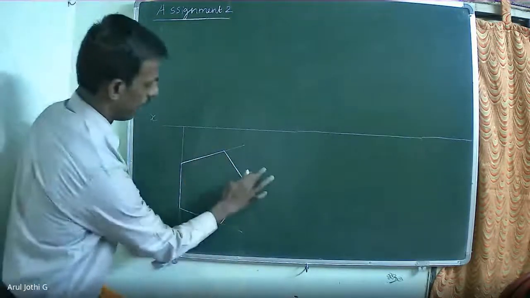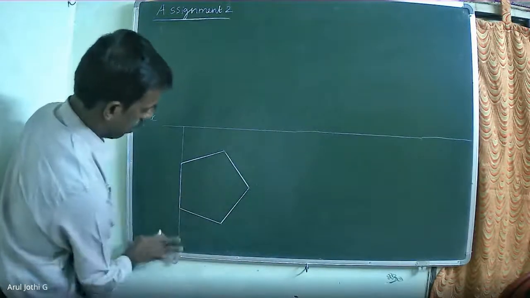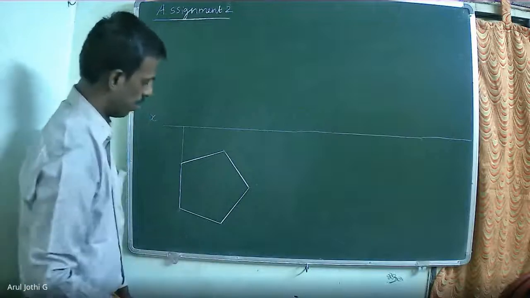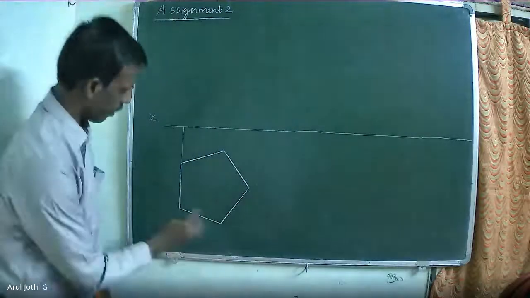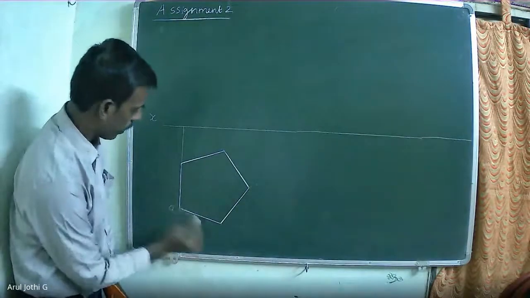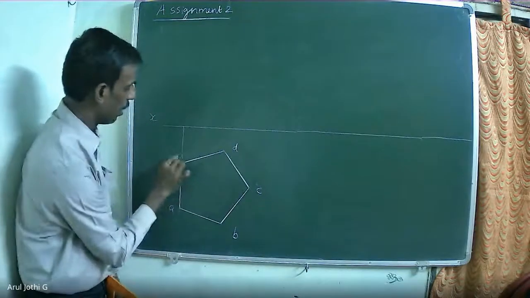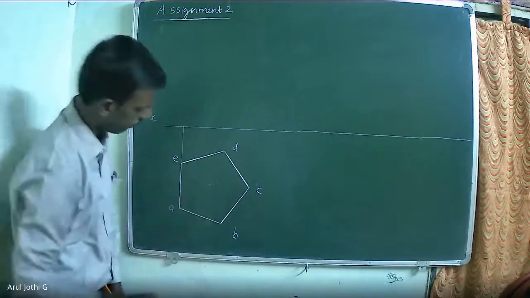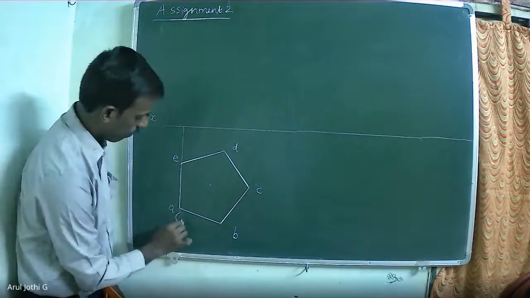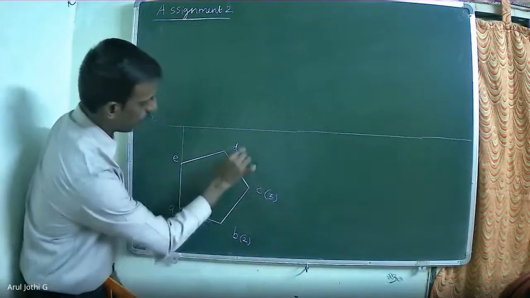After that, you can erase the extra lines available. For the top pentagon, give the notations A, B, C, D, E. The axis point also you can mark here. For the bottom pentagon, you can use 1, 2, 3, 4.